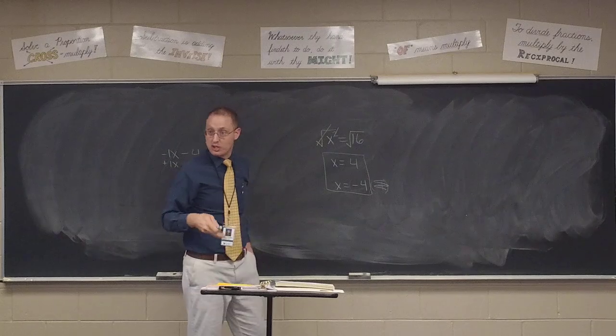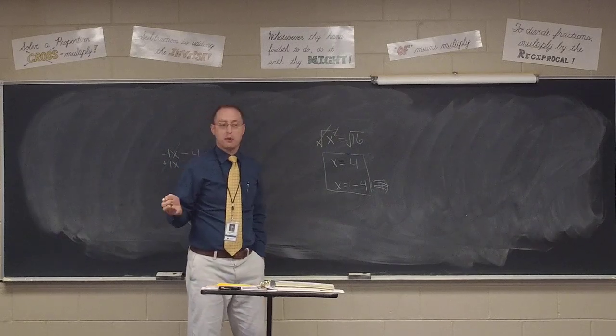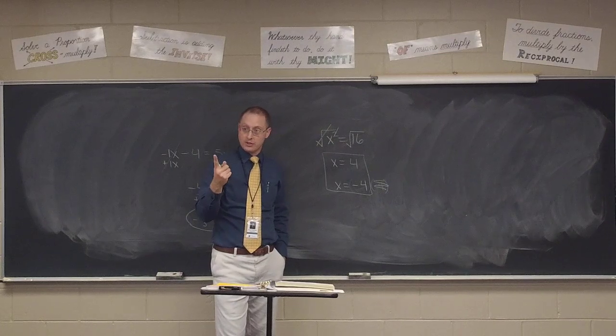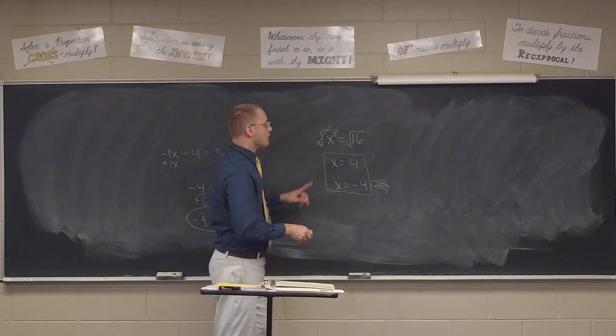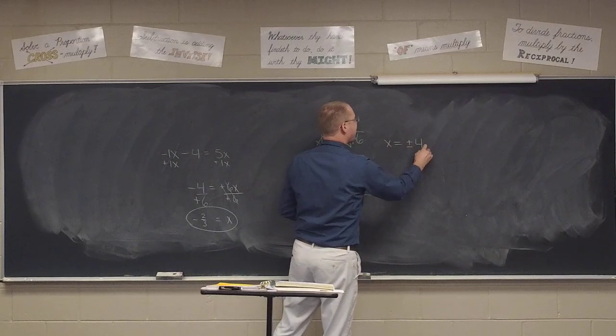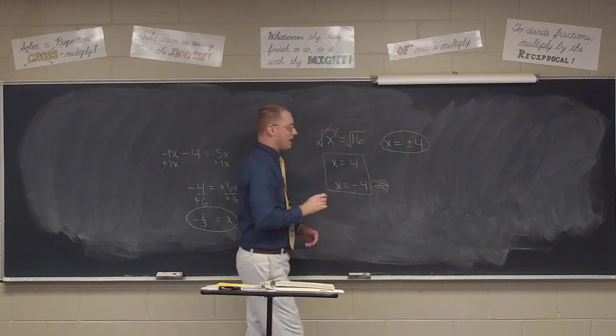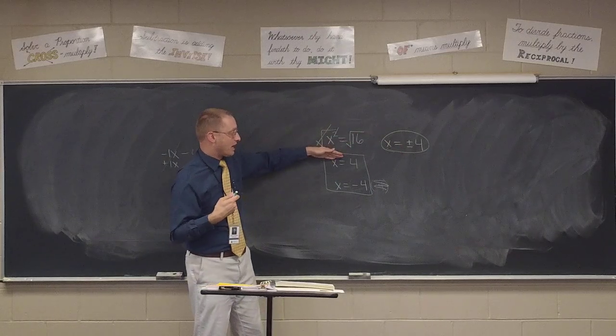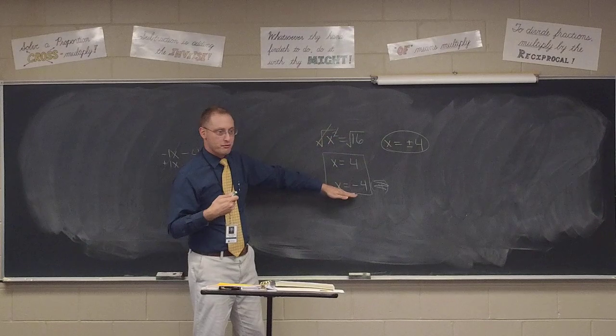At least that's the principal square root, right? But remember I told you there's technically 2 square roots to every number. 1 positive, 1 negative. The most efficient way to write this would be to say that x equals ±4. The lazy person in me writes this instead of writing +4 and -4 separately.